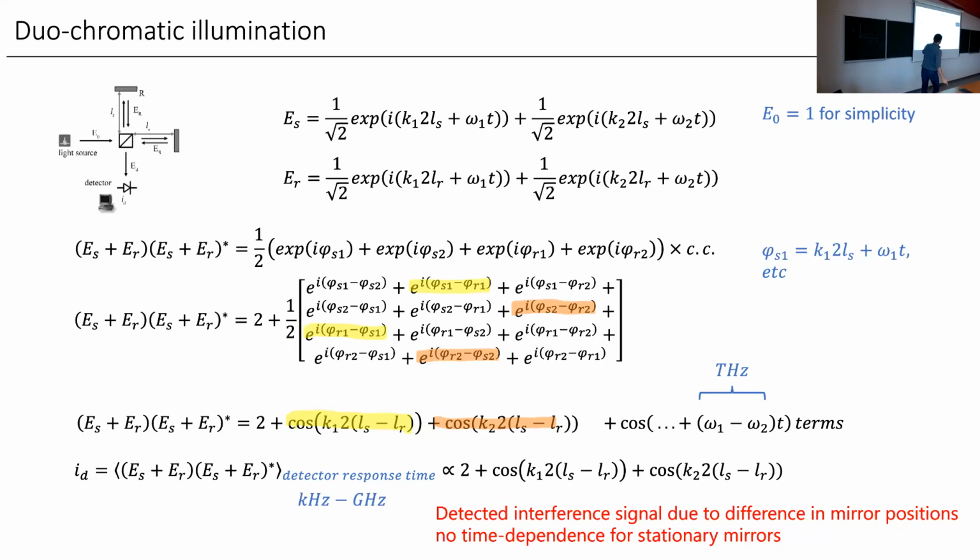So the detector current is only due to the differences in mirror positions, and because of this filtering of the detector, there is still no time dependence. We have stationary mirrors.